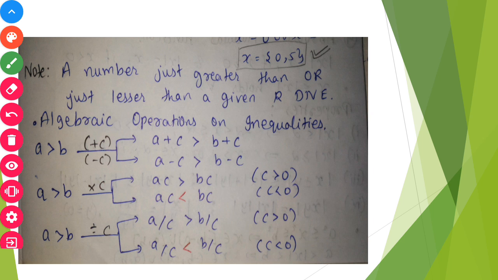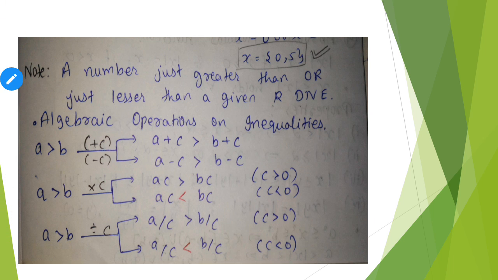Now let's see further. There is another note. A number just greater than or just lesser than a given real number does not exist. Here, does not exist means that if we are given a number, for example 1, on the real number line 0, 1, 2, we cannot define a number just less than or just greater than 1, because there will be many numbers between them.